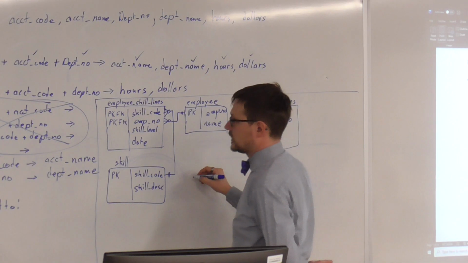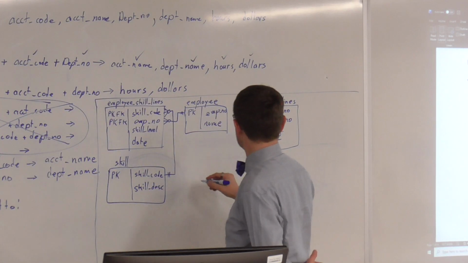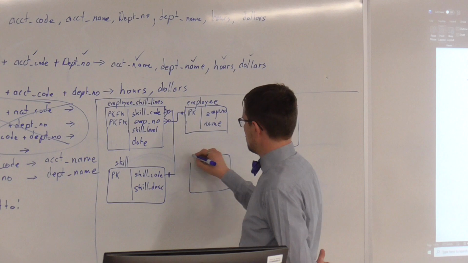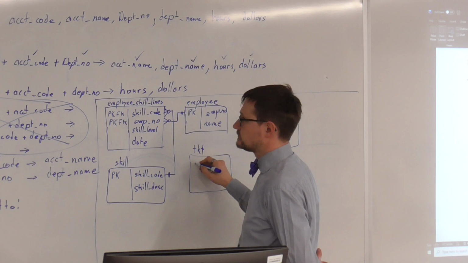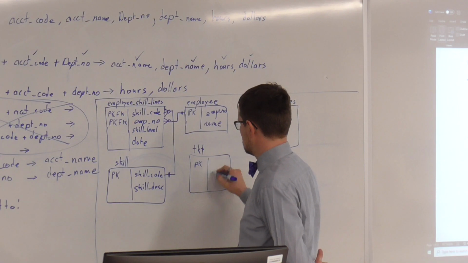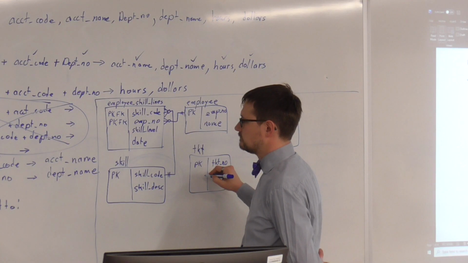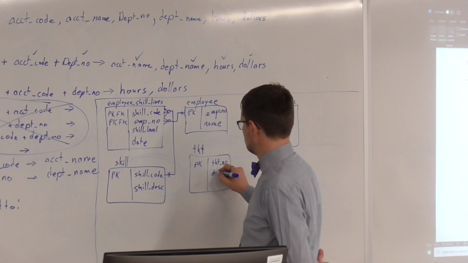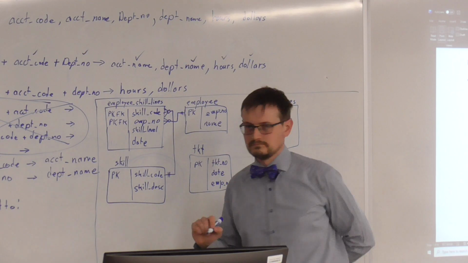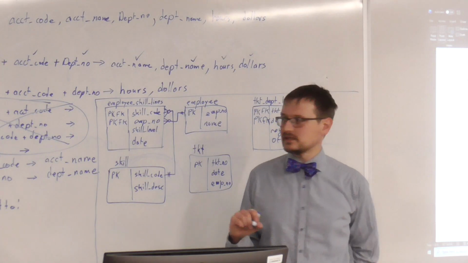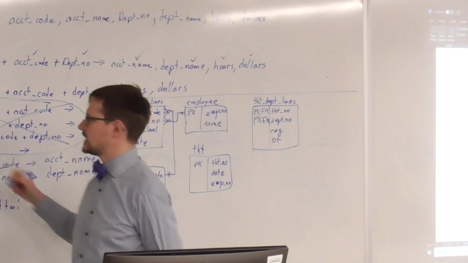Now, we also have ticket number. So this will be the ticket table, primary key, ticket number. Is it a foreign key? Is ticket number a foreign key in this? No, it's not.